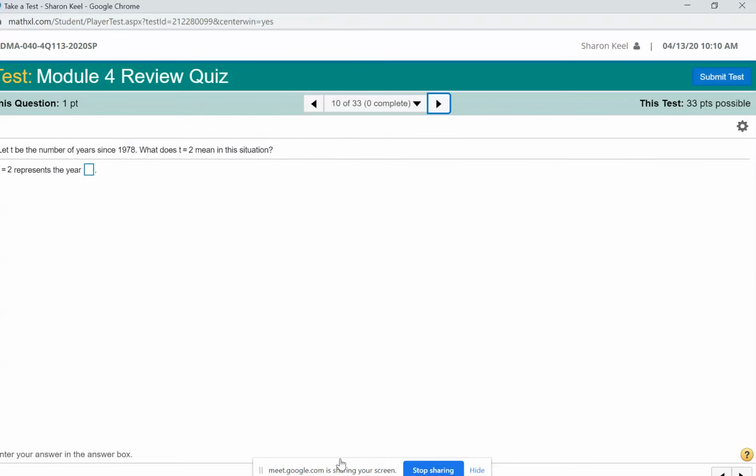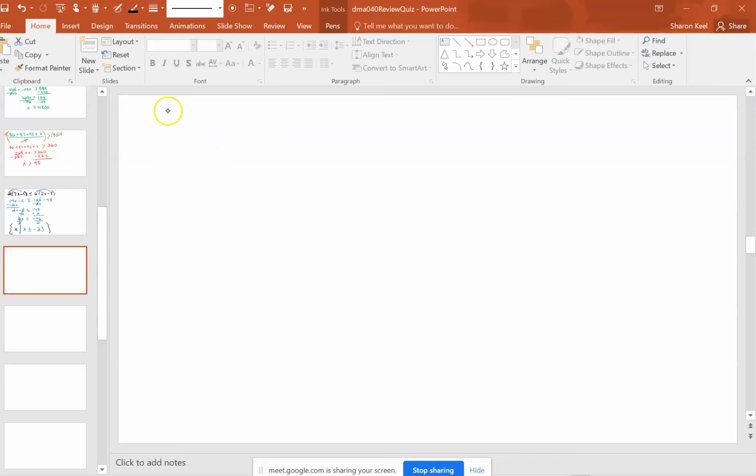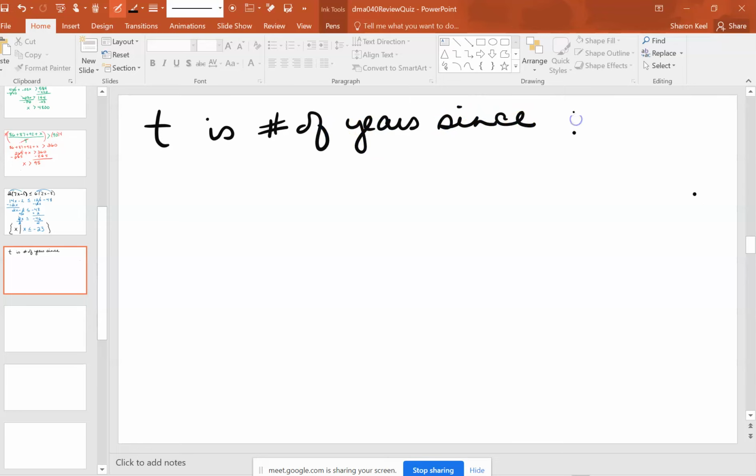Let T be the number of years since 1978. What does it mean if T is 2? Okay, so here, T is the number of years since 1982. Since meaning after or later.